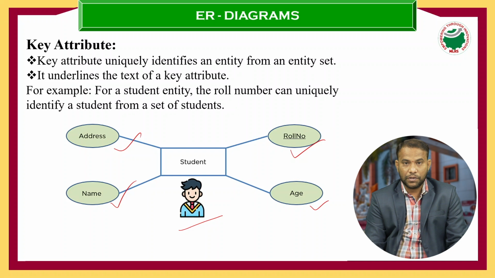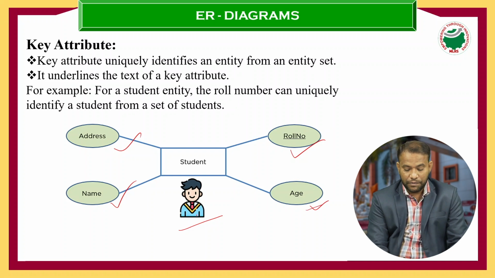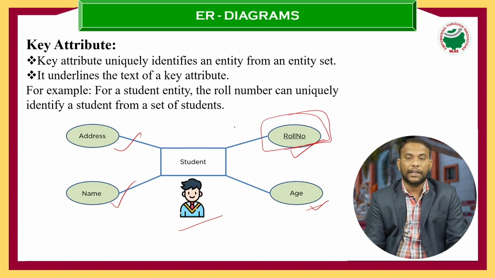Suppose you take another student, a student can also have the same age, which the first student already has, and he can also have the same name. To avoid these duplications, to avoid this confusion, we'll take a key attribute. Key attribute is used to identify uniquely for given properties.